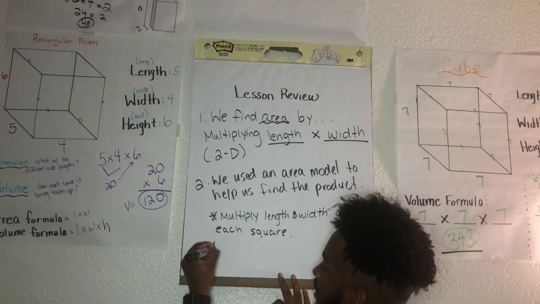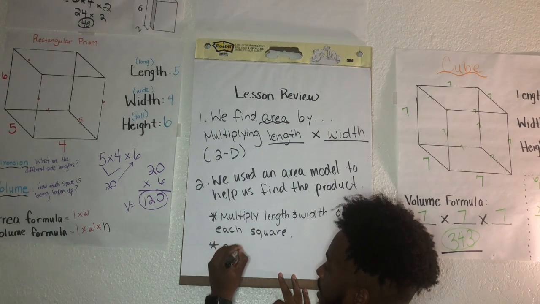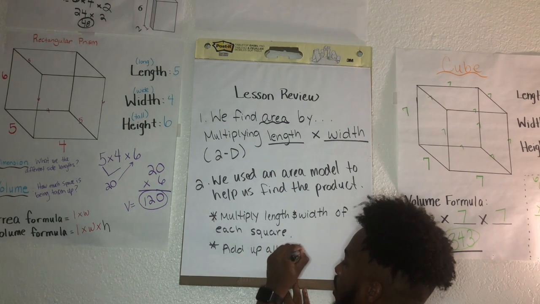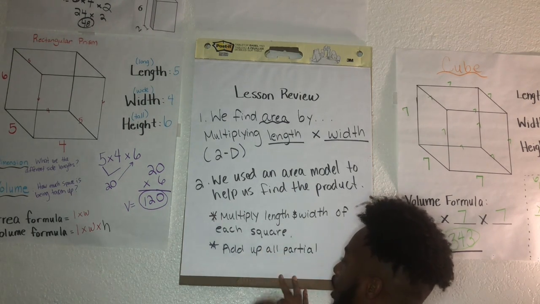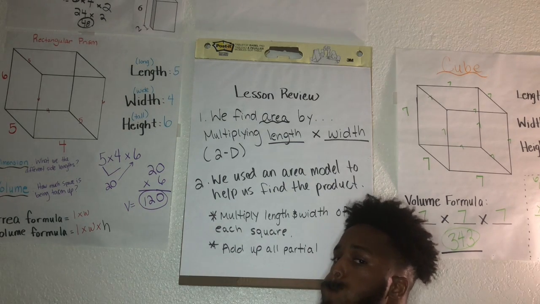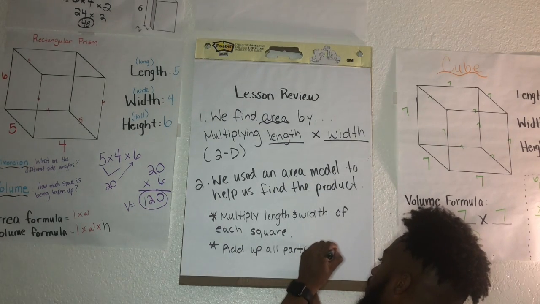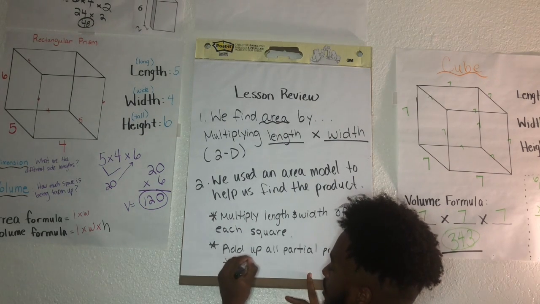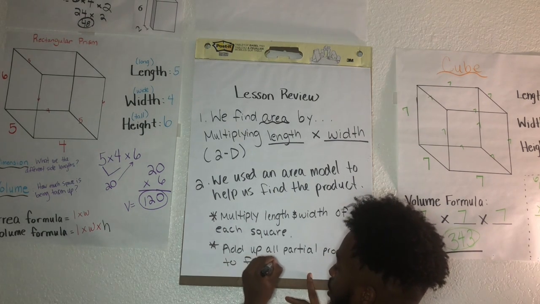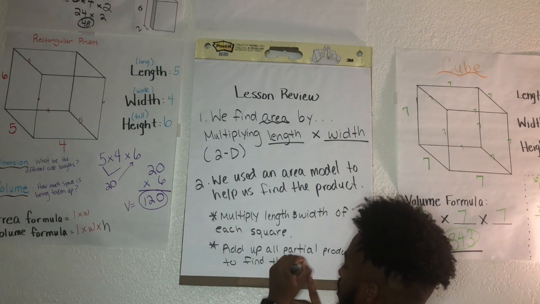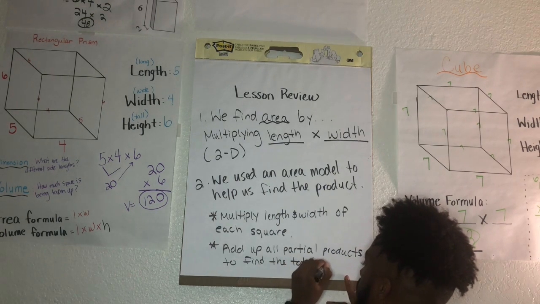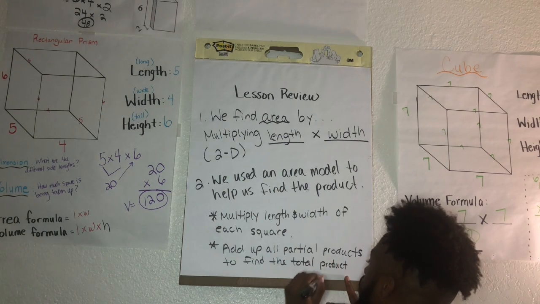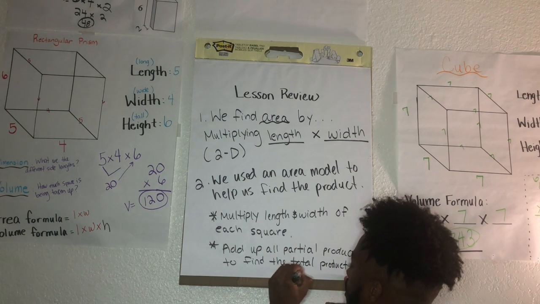Then after that, you add up all partial products to find the total product. Or the whole product. The total product or the whole product.